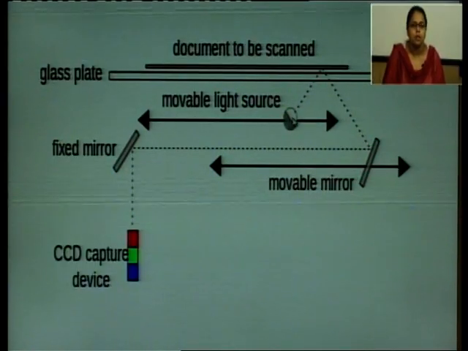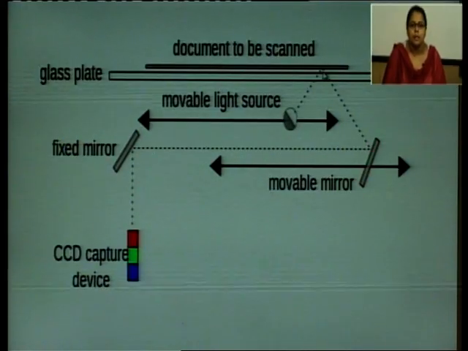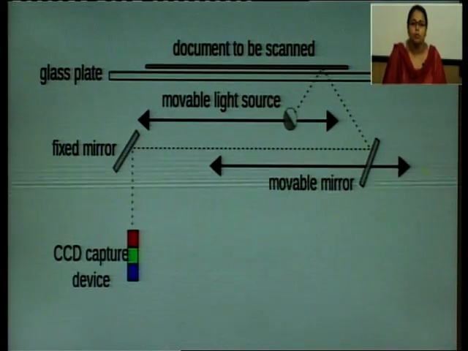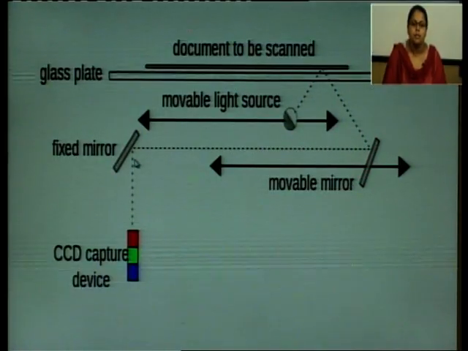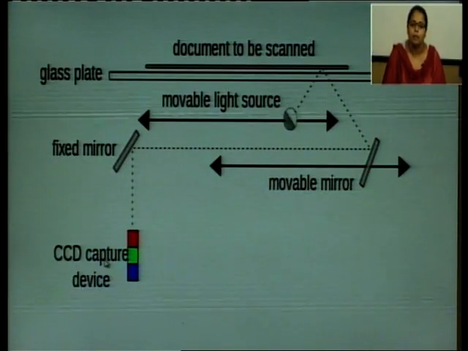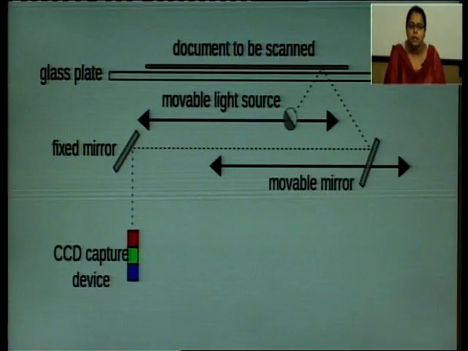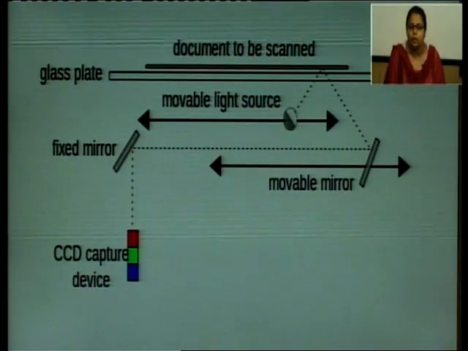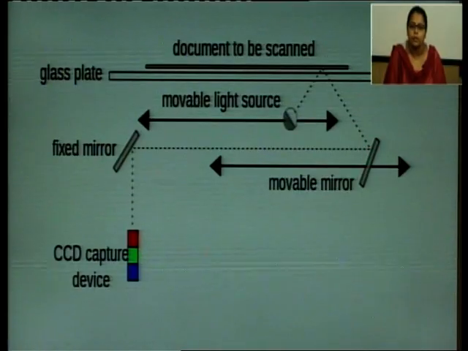Light is coming from a movable light source, and when it gets reflected from the document, it moves towards a system of fixed and movable mirrors, and in the end it is captured by the CCD captor devices which convert the light into electrical signals, and finally from these captors the electrical signals are converted into digital data by the analog to digital converter, and then finally stored on your computer.